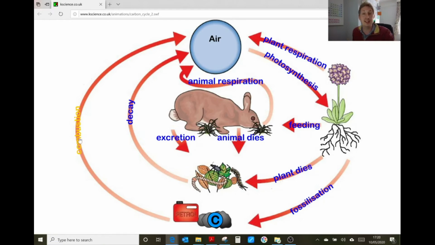And when we burn these fossil fuels, we put the carbon back into the air as carbon dioxide. And you can begin to see how the carbon begins to flow through the cycle into the atmosphere and back out again.